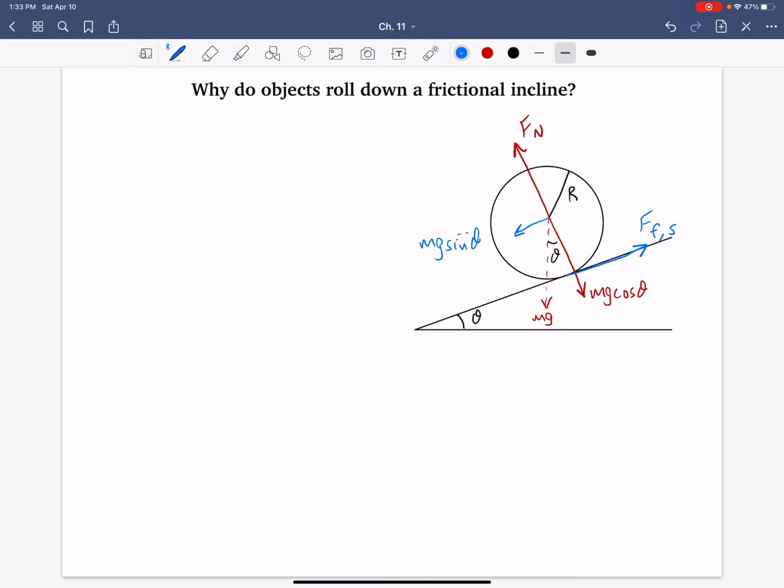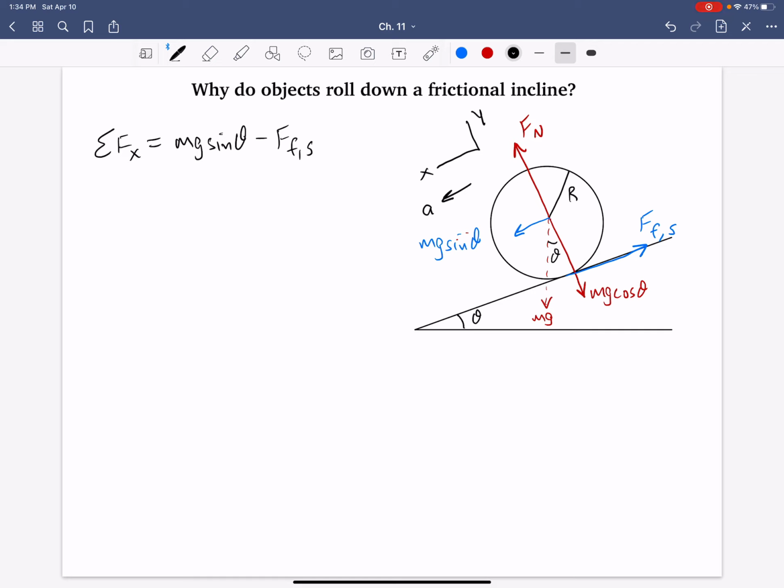So let's write out the equations now. Sum the forces in the x. Oh, we need to write axes. If the ball is rolling down the incline, the linear acceleration of the ball is down the incline, parallel to the incline. So let's put one of our axes in that same direction, and then we'll put the y direction perpendicular to that. Now our positive force is mg sine, and the negative is the static frictional force.